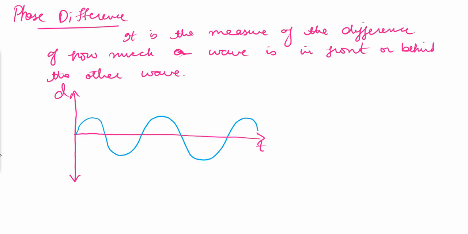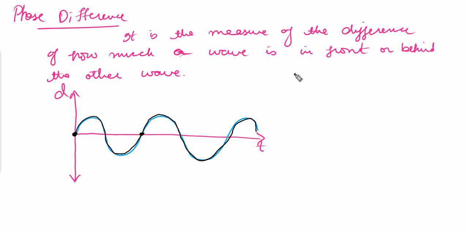Okay, now let me just draw the second wave. My second wave has started from the same position where the first wave has started. This black wave has started from the same position where the blue wave had started. So there is no phase difference between these two waves. Remember that one cycle starts from this point and ends over here.